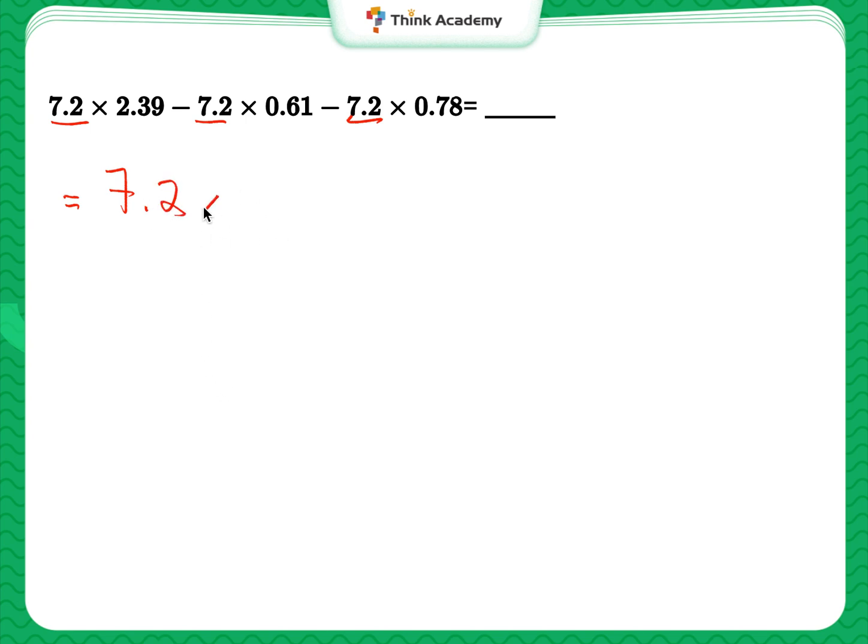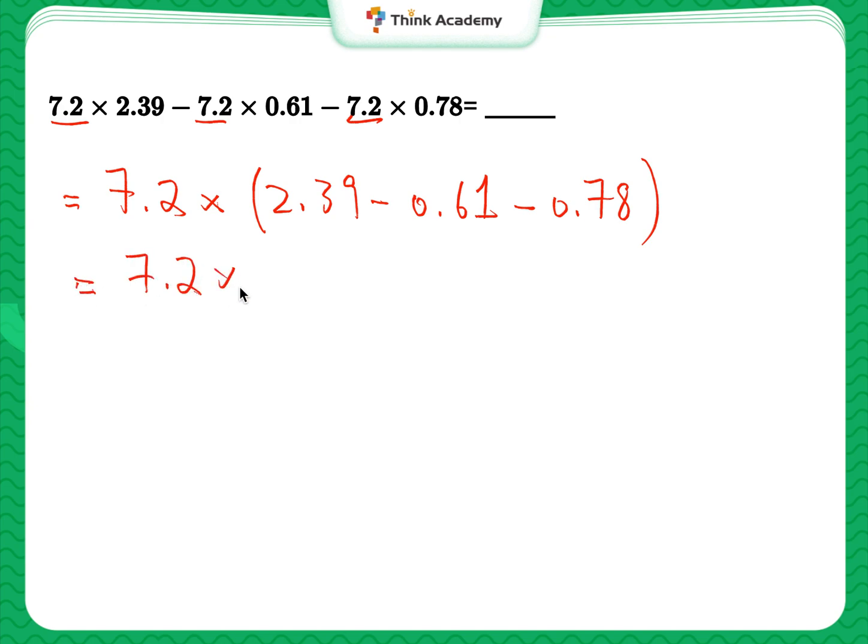And then that will be multiplied to 2.39, take away 0.61, take away 0.78. All right. So the next step is 7.2 multiplying whatever is in the brackets.